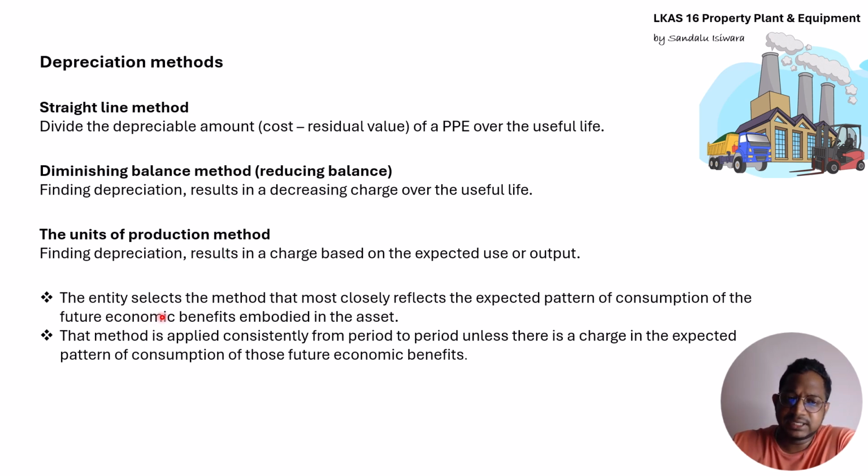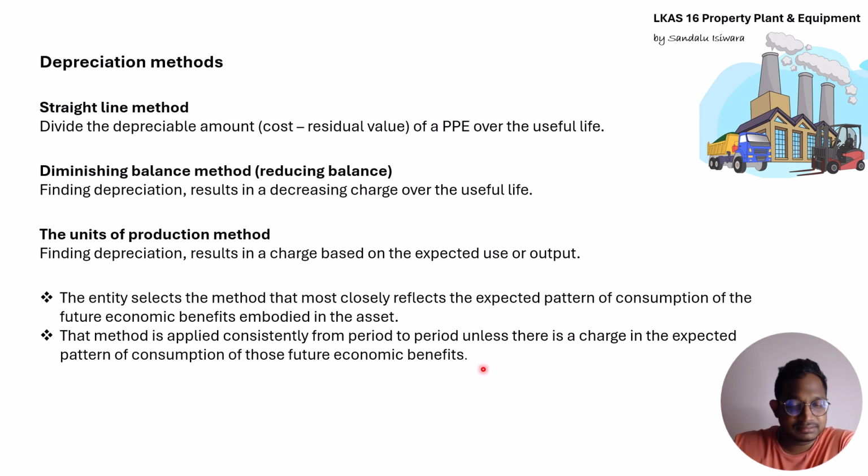So the entity selects the method that most closely reflects the expected pattern of consumption of the future economic benefits involved in the asset. That method is applied consistently from period to period unless there is a change in the expected pattern of consumption of those future economic benefits.